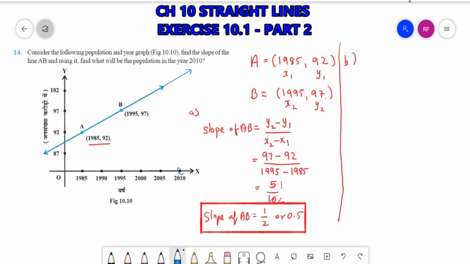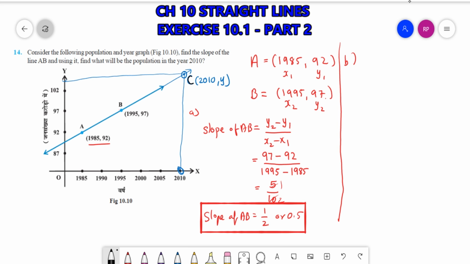If I take this point 2010, and extrapolate on the line, let's name this point as C. This is 2010, and this will be some y that we don't know, so let's place it as y.